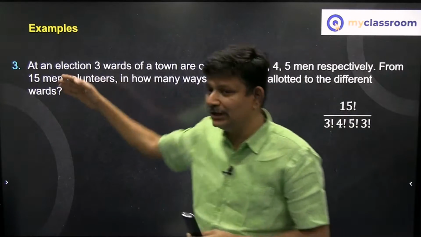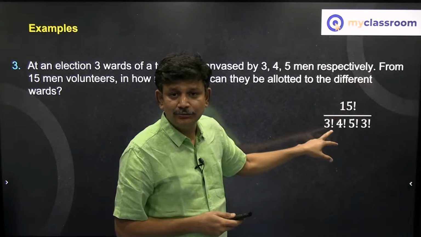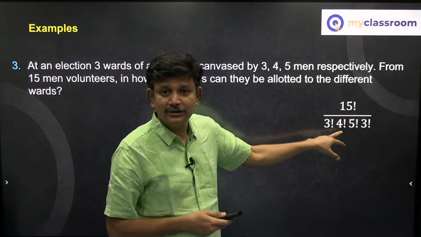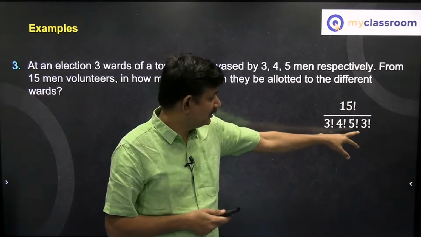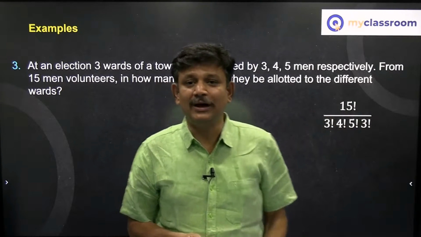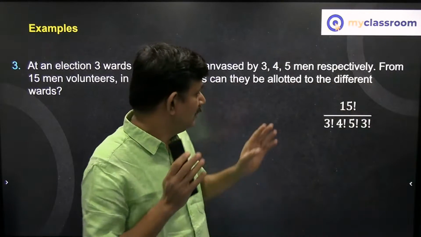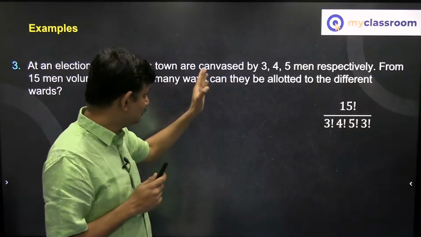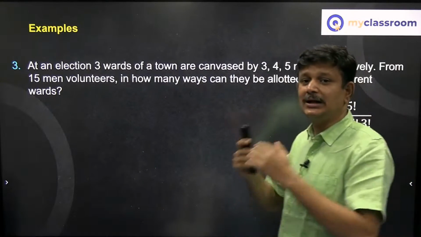So out of 15 people, 15 factorial, 3 people are allocated to ward 1, 3 factorial, 4 are allocated to ward 2, 4 factorial, 5 are allocated to ward 3, 5 factorial, 3 are left out, 3 factorial. So what will be the result? 15 factorial by 3 factorial into 4 factorial into 5 factorial into 3 factorial. So whenever the sum is not coming out to 15, the remaining difference you have to cater as a separate division.